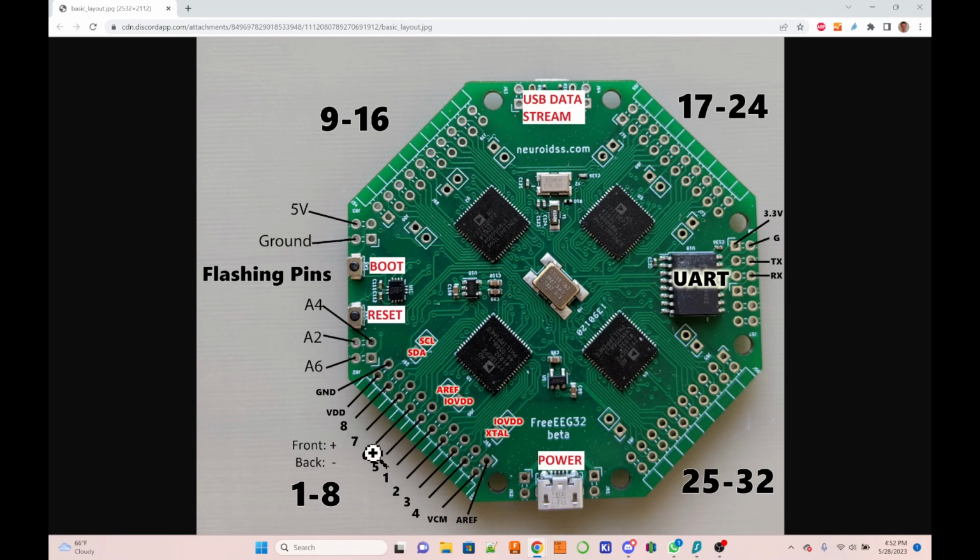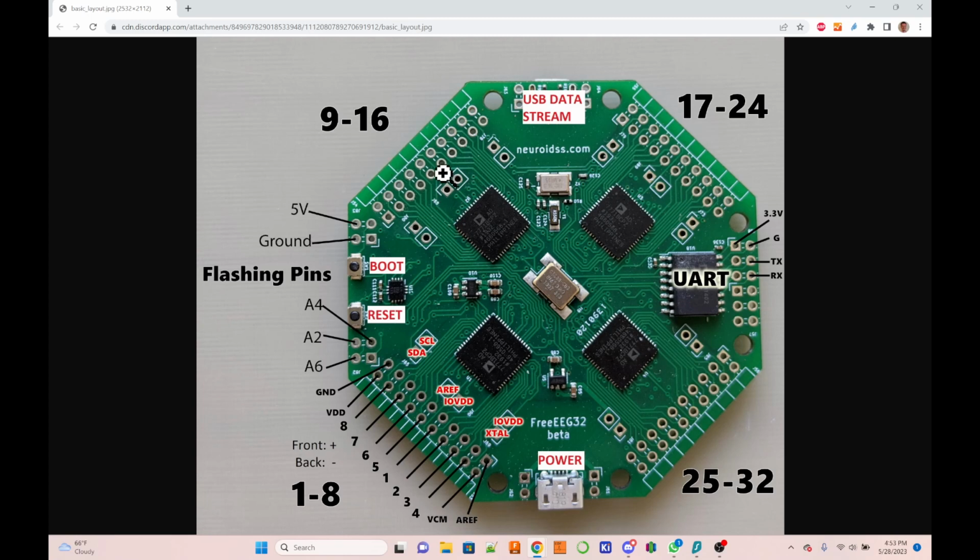And so this is the first ADC with channels 1 to 8, and then here we have 9 to 16, and that means that right here this is channel 9, 10, 11, 12, and then again back to the middle, 13, 14, 15, and 16. Is that clear?